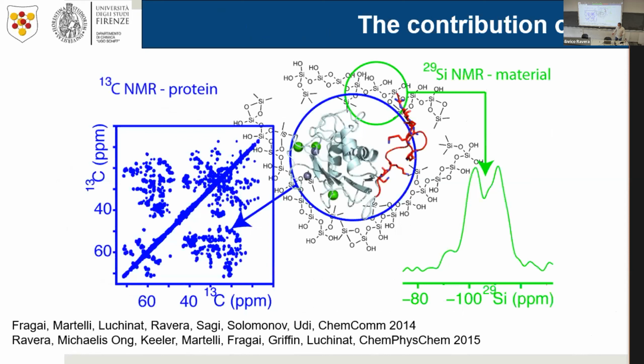And of course, as you all know, NMR can inform you about the state of the protein, because protein usually gives very well-resolved peaks and maps that you can interpret in terms of contact, as you've seen brilliantly in the presentation by Amir. And also, at the same time, NMR informs about the state of the material if the material has active nuclei. For instance, silicon has an active isotope, so we are happy.